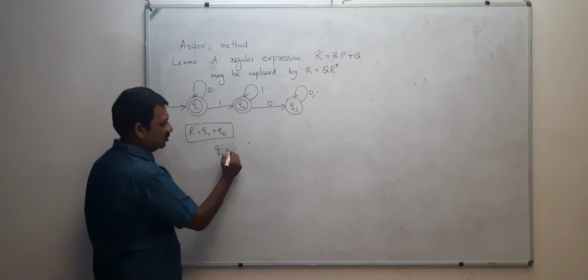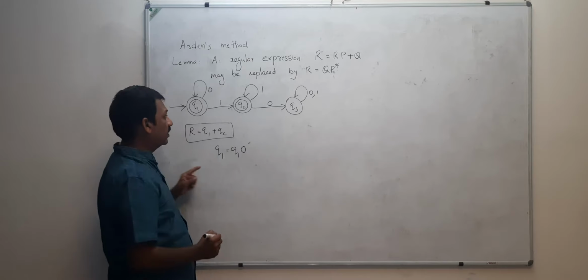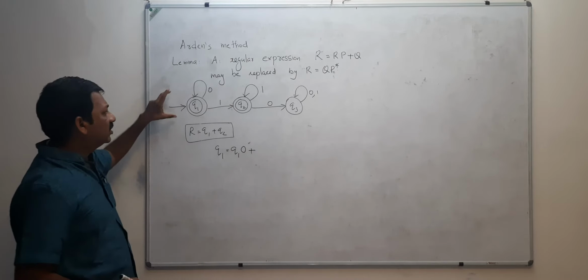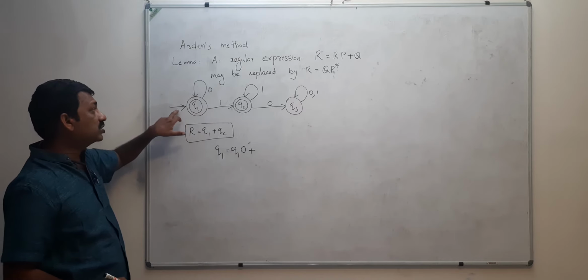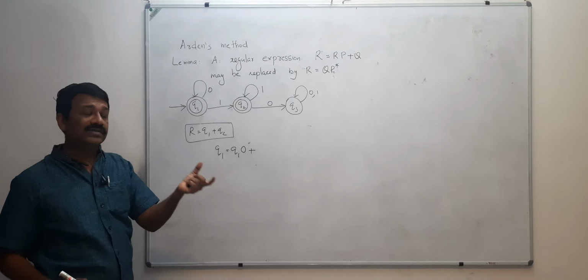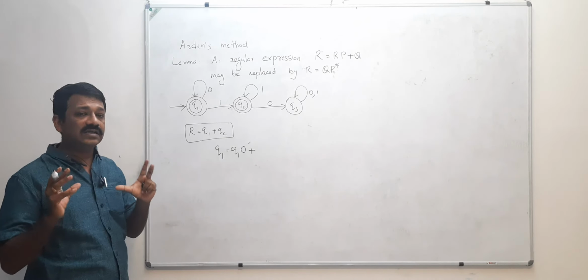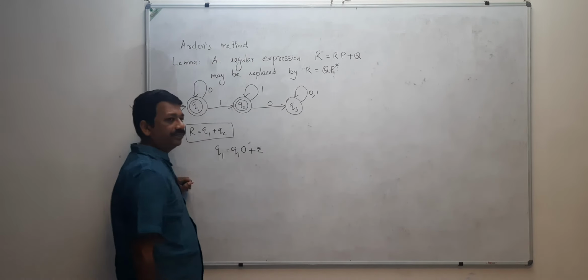That means Q1 is equal to Q1 on accepting 0, or without accepting anything also you can reach here. Why? Q1 is the start state. As the start state itself is a final state, you have to include epsilon also.